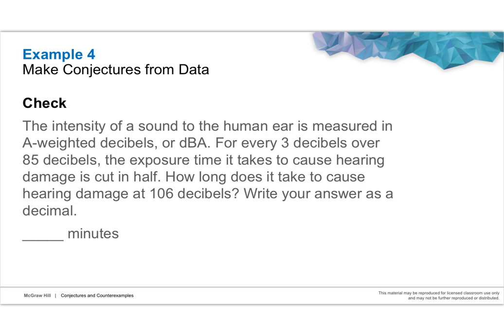We started at 85 and we go up in decibels 3 at a time to 100, and we're asked to continue this pattern forward until we get to 106 decibels. We're going to write our answer as a decimal in minutes. Take a pause on the video and see if you can figure this out.